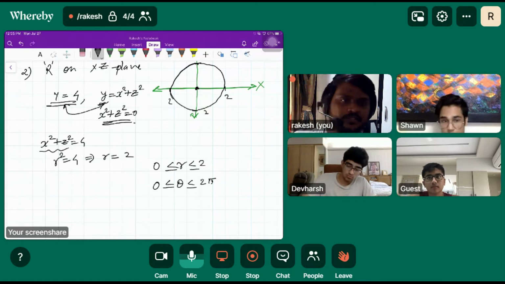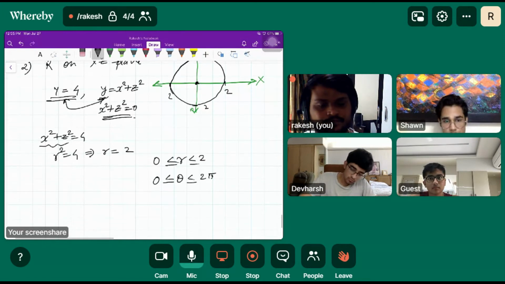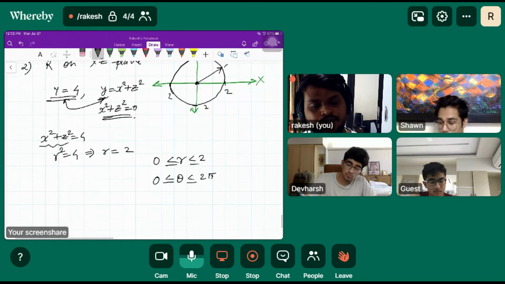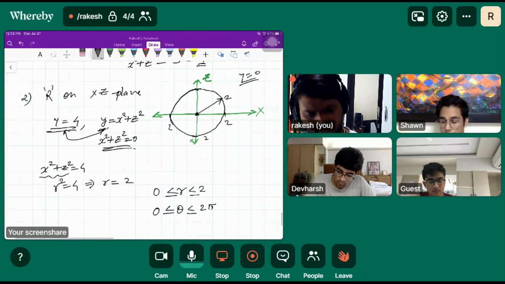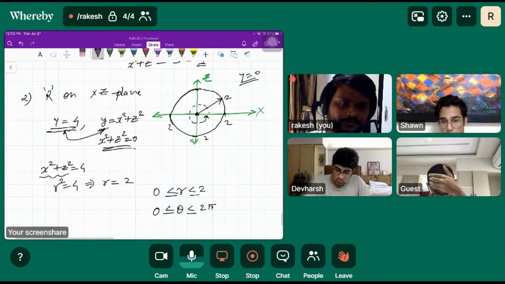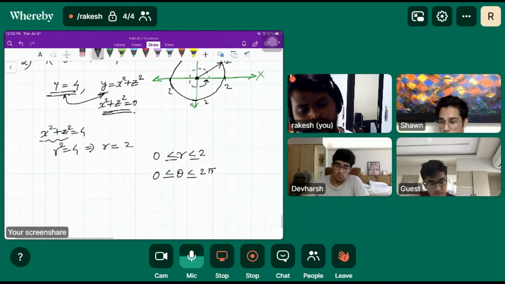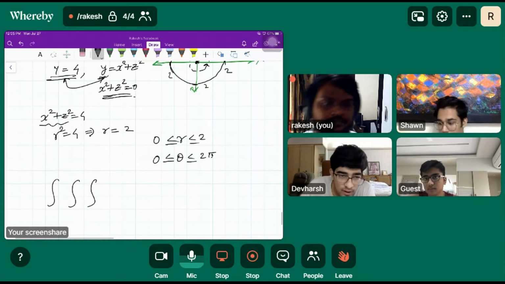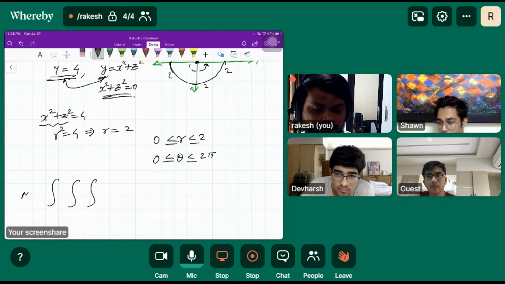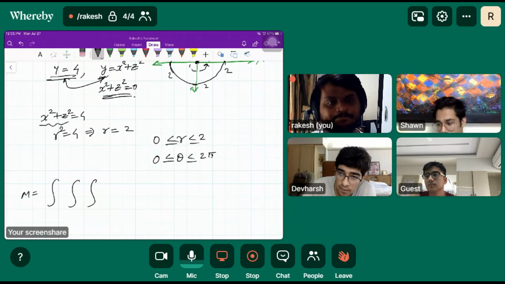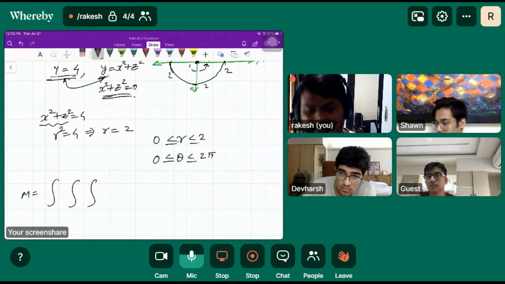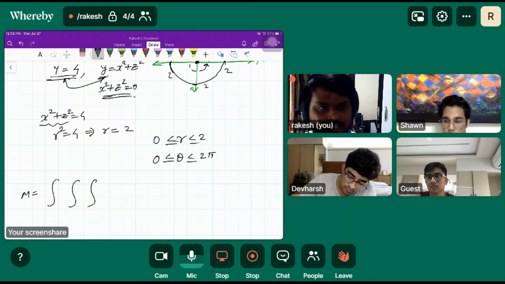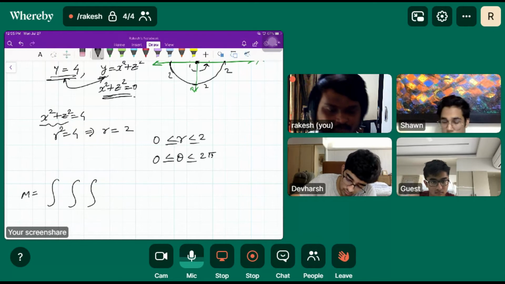The complete circle, that's why 0 to 2 pi. Now how do we set up the triple integral then? For the triple integral, you'll have to multiply by r, so r dr d theta. We should understand that properly.